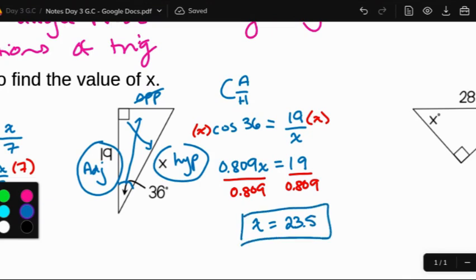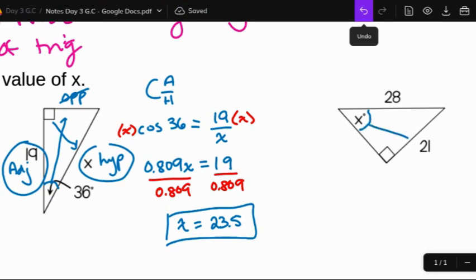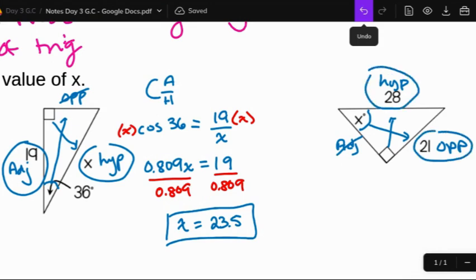This lesson, today's lesson, is about the given angle being a variable. So we do have the given angle here. I can identify the opposite and the hypotenuse. There's nothing on the adjacent, so I'm not going to use the adjacent. So the trig ratio that uses opposite and hypotenuse is going to be the sine, SOH.